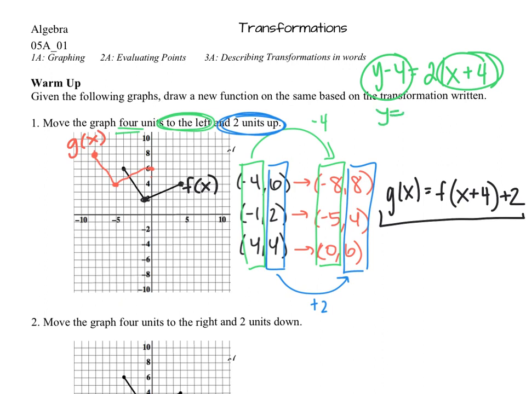So this would have been y equals 4 and x equals -4. So even though there's that +4 there, we had to worry about the opposite. The same thing is true when we go into function notation. So this actually means left 4. The up 2 will stay the same.